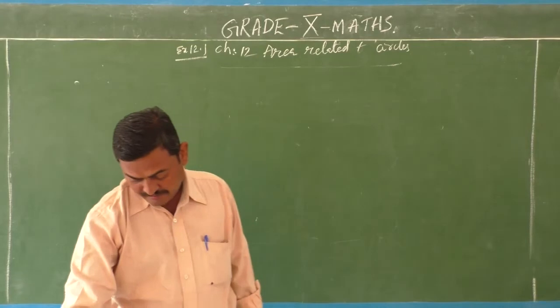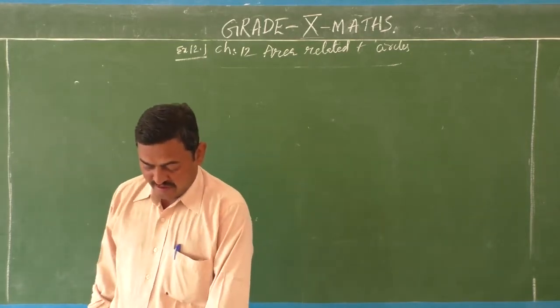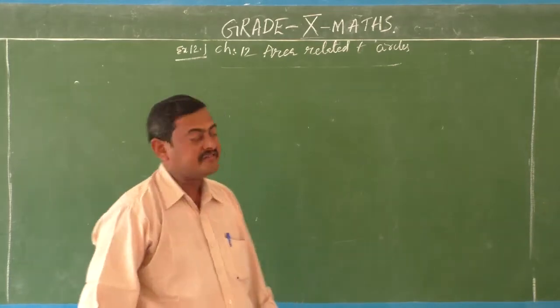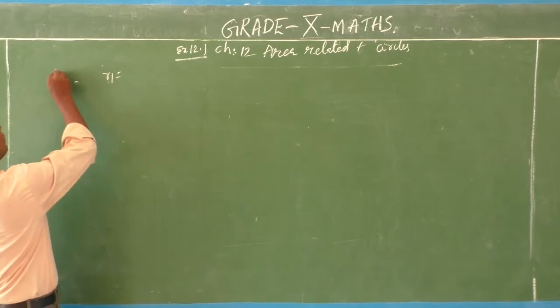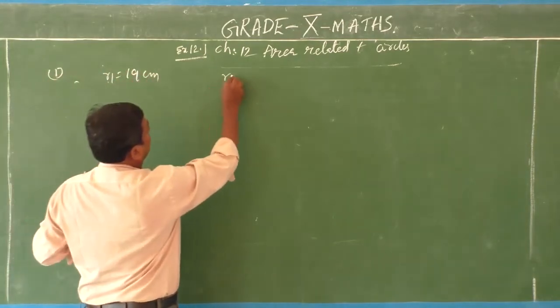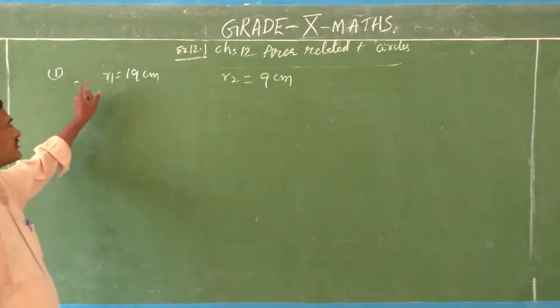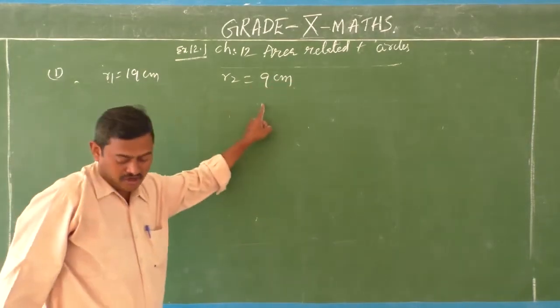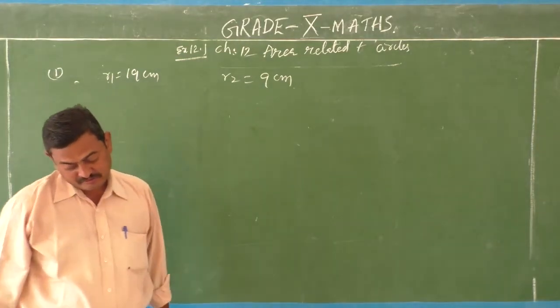The radii of the two circles are 19 centimeter and 9 centimeter. There are two circles, R1 equal to 19 centimeter and R2 equal to 9 centimeter, respectively.